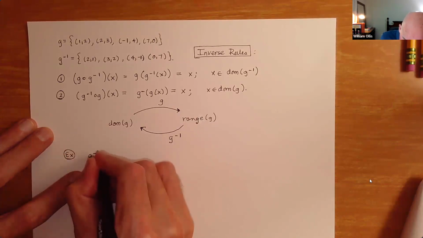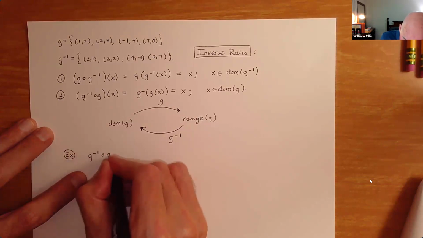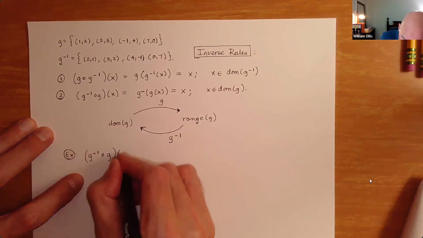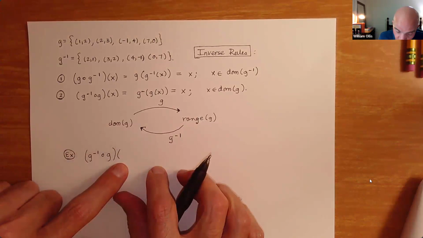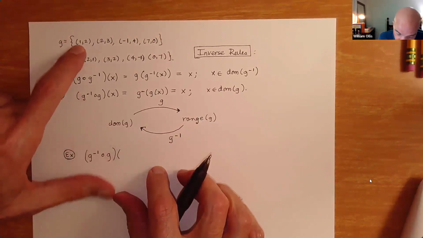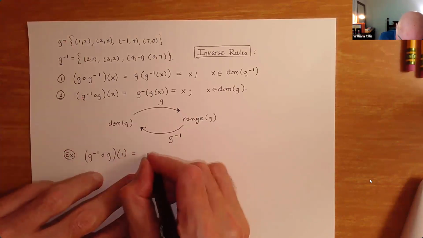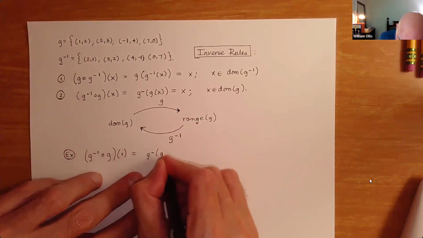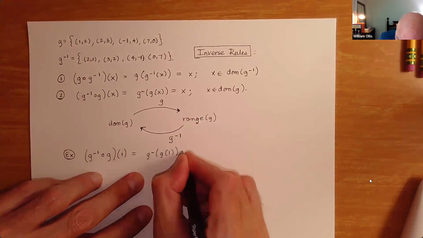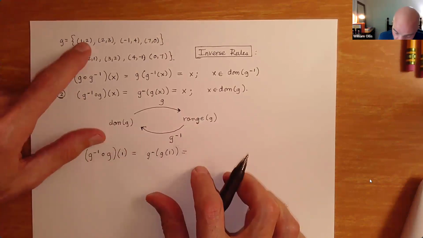Say we have G inverse composed with G, and we'll just take an element in the domain of G, so we'll have 1. So we have G inverse of G of 1. Well, G of 1 is 2.